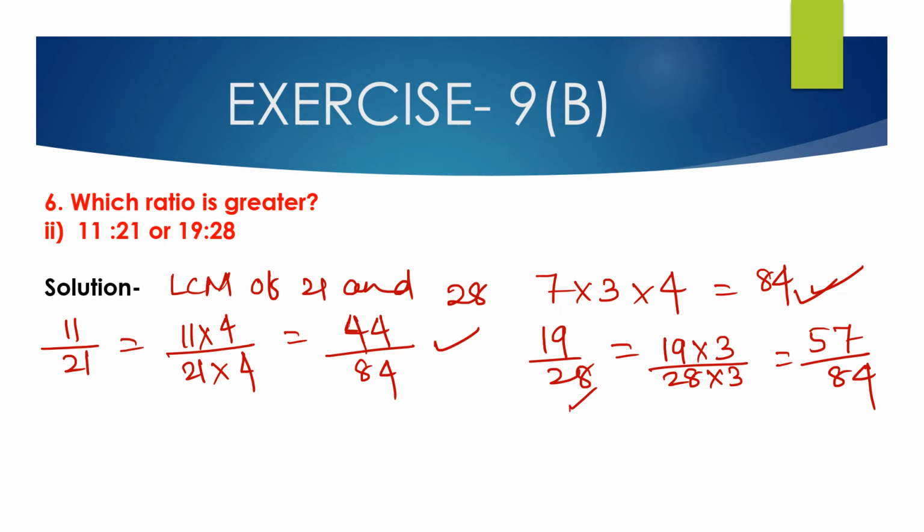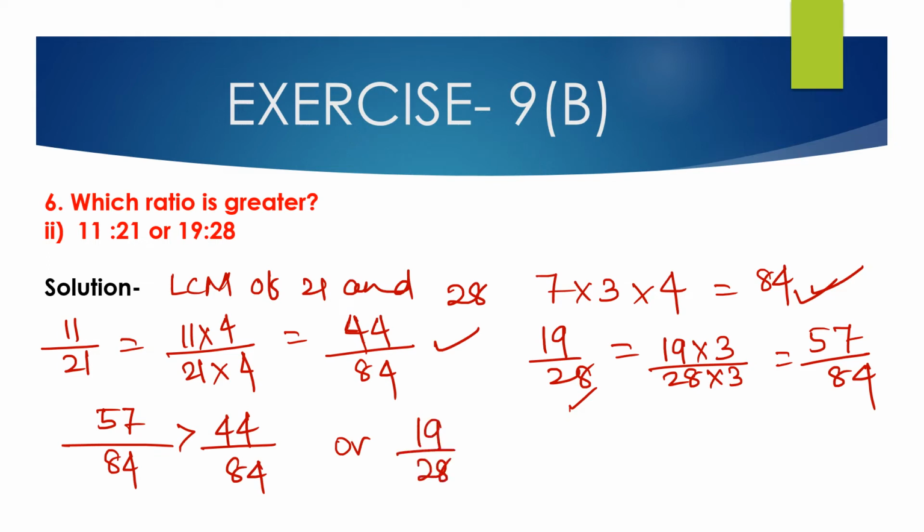Comparing them, 57 divided by 84 is greater than 44 divided by 84. 57 divided by 84 is the equivalent ratio of 19 divided by 28, and 44 divided by 84 is the equivalent ratio of 11 divided by 21.